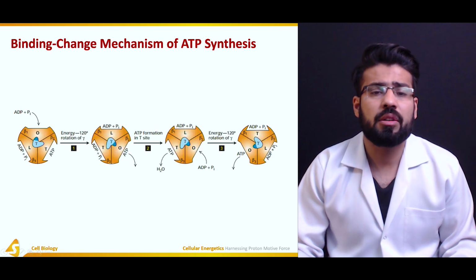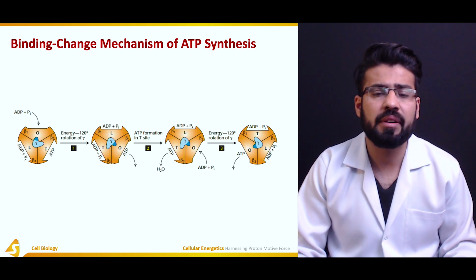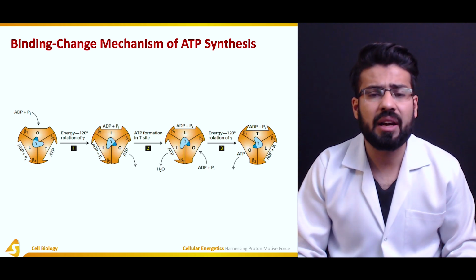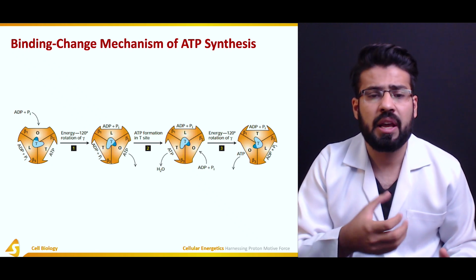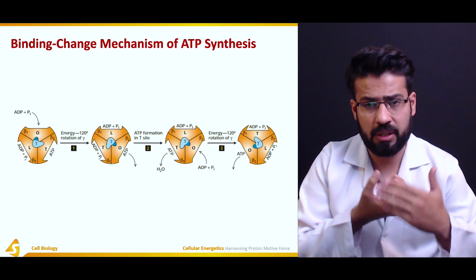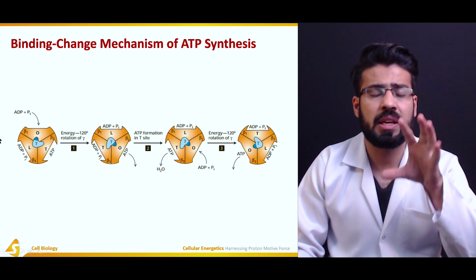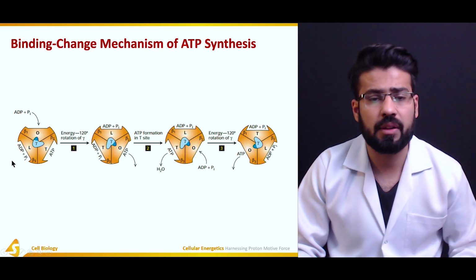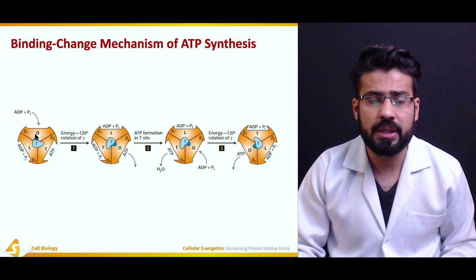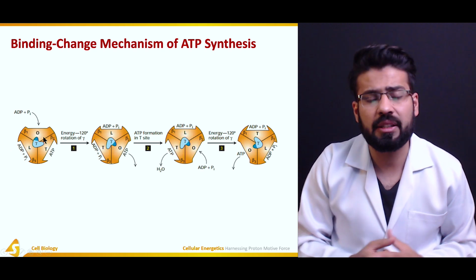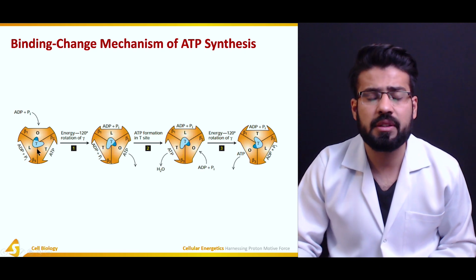Talking about the binding change mechanism for the ATP synthesis, this diagram is showing the upper portion of the ATP synthase. If we look at the upper portion in this particular manner, ATP synthase looks somewhat like this. It has three phases: the O phase, which is the nucleotide binding domain, the L phase and the T phase.